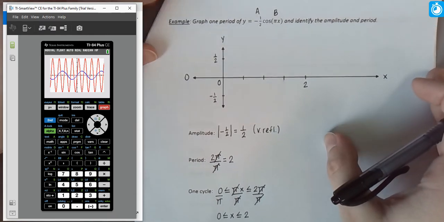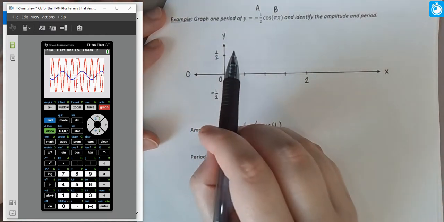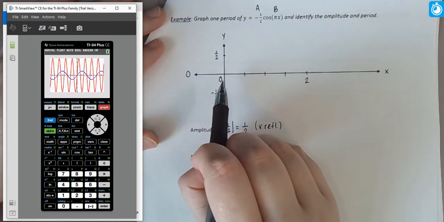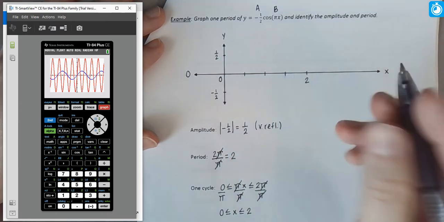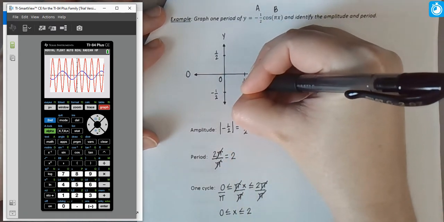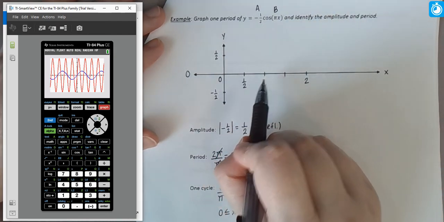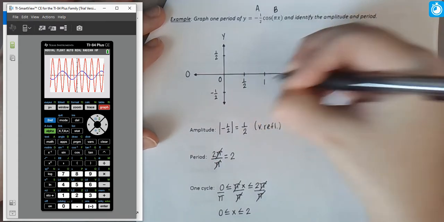Now this one you can probably do just by counting, not really needing to write too much out. So we start at 0, and then we're counting by 1/2 to go from increment to increment. So add on 1/2 and we get to 1/2. Add on another 1/2, so 1/2 plus another 1/2 is going to give us 1.